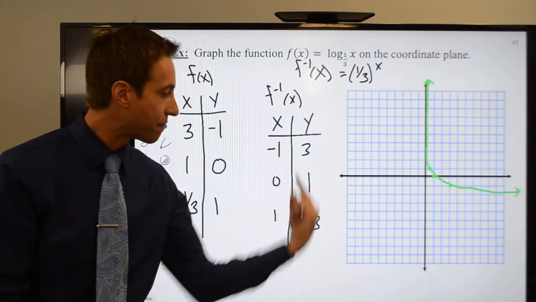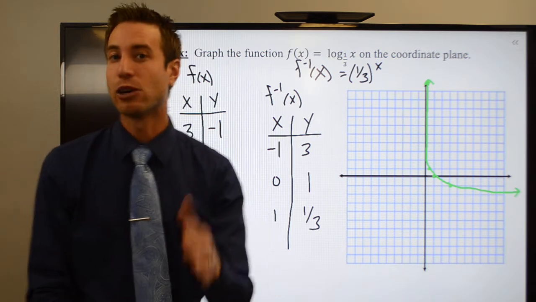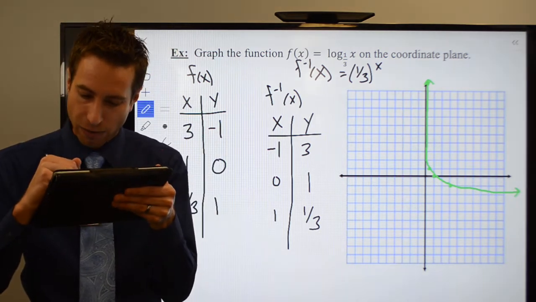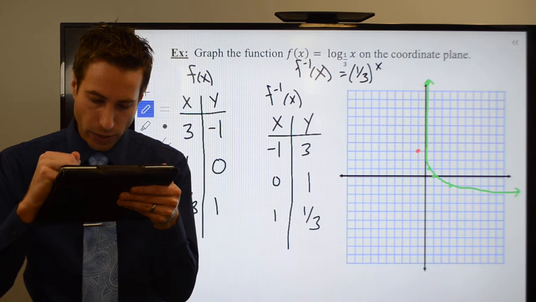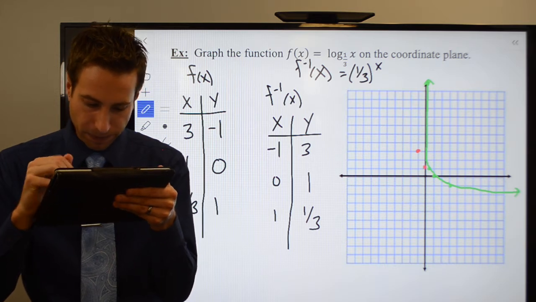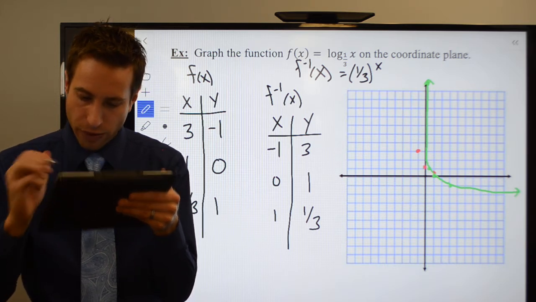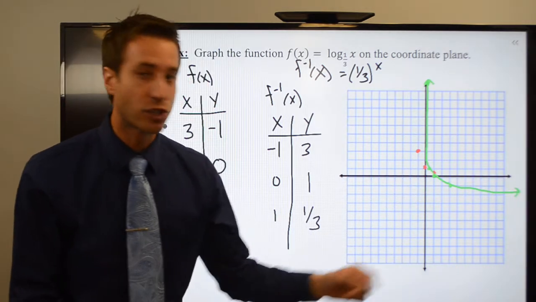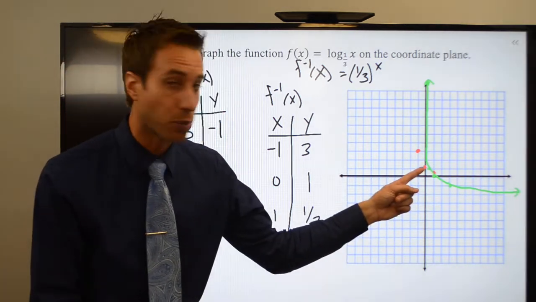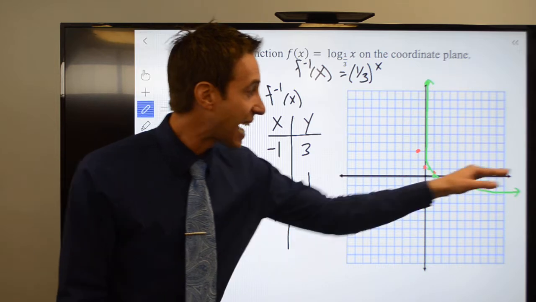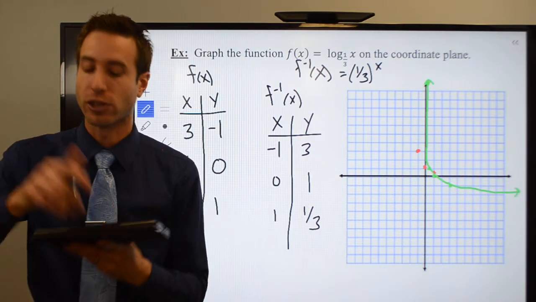I'll go ahead and graph these points in red. It'll represent my exponential function: -1, 3, 0, 1, and 1, 1/3. Remember, for exponential functions without transformations, it'll always go through the point 0, 1, which I do, and the x-axis will always be your horizontal asymptote.